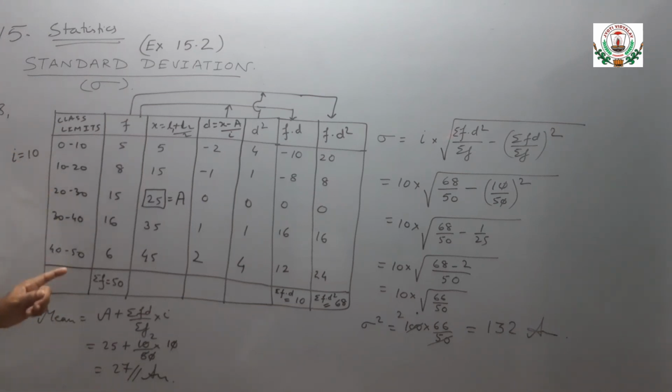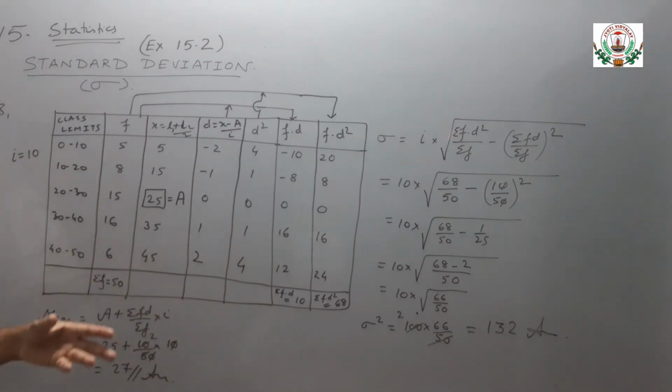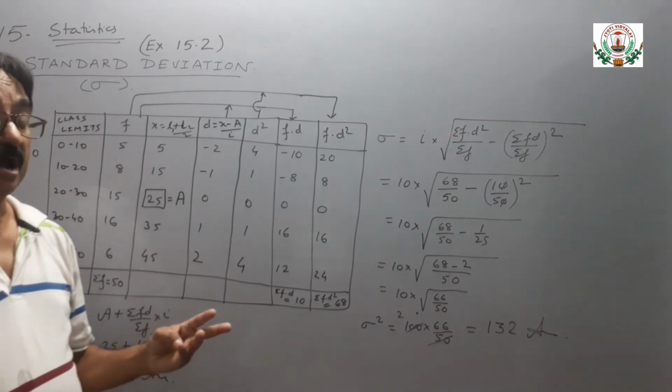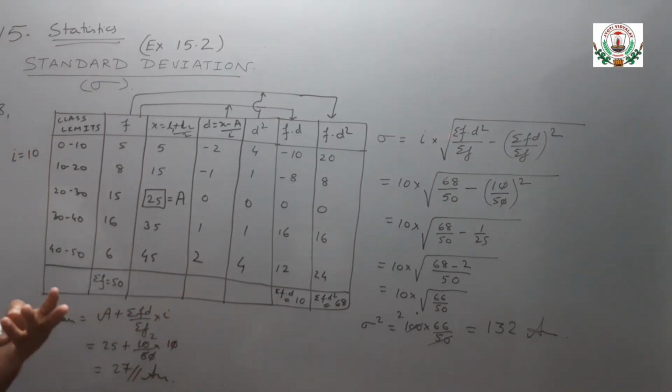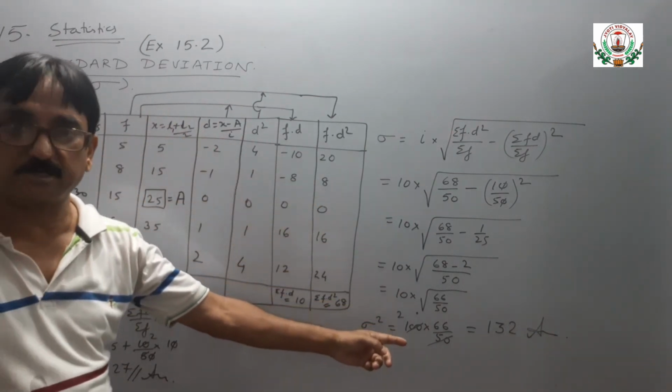So be careful whenever you are solving questions related to statistics about the mean deviation from mean and mean deviation from median. In that you have to calculate first the mean and then the mean deviation. If it is from median, you have to calculate first the median and then the mean deviation. And for standard deviation, individual series, grouped series and class interval series, 3 varieties of problems are there.